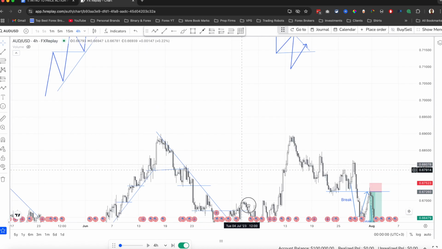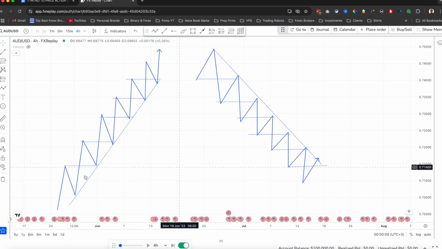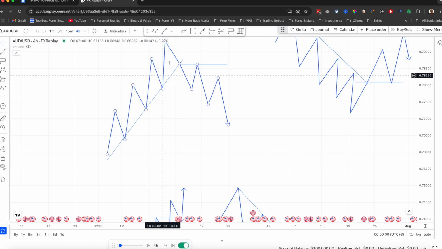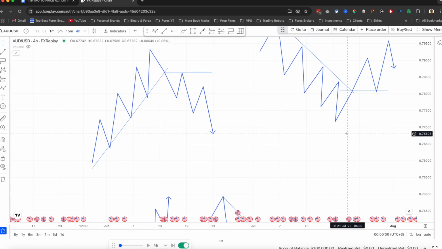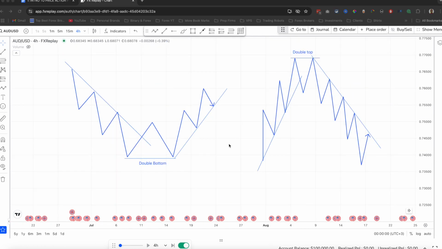So far we have seen now the uptrend and the downtrend, and the uptrend reversal and the downtrend reversal. So another pattern that we're going to look at is the double bottom and the double top. So this happens when the price is going down, right?